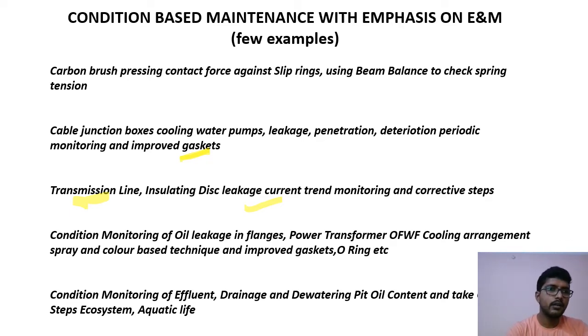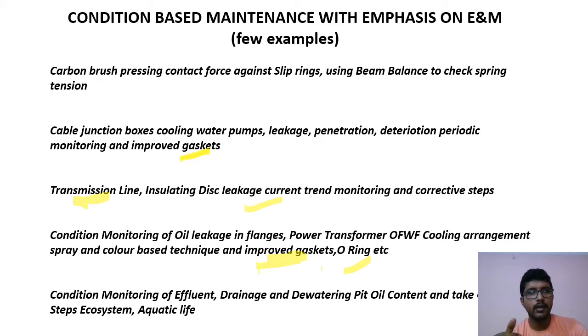Then again, another important feature I have pointed out in power transformers. In power transformers, there's leakage of oil monitored, observed in flanges in the heat, what do you call it? I think shell type heat exchanger, right?